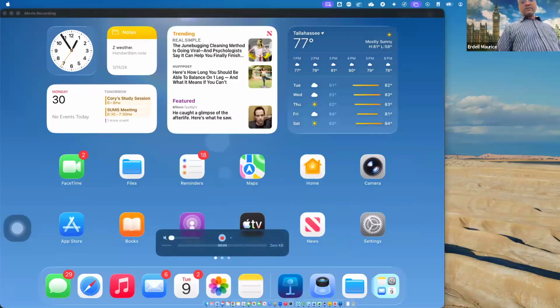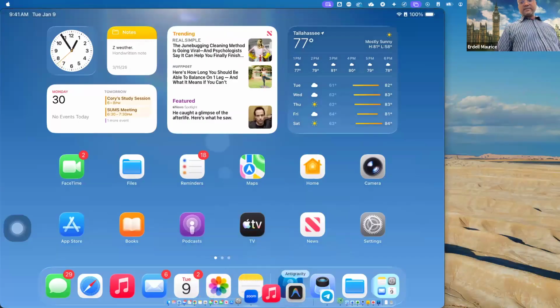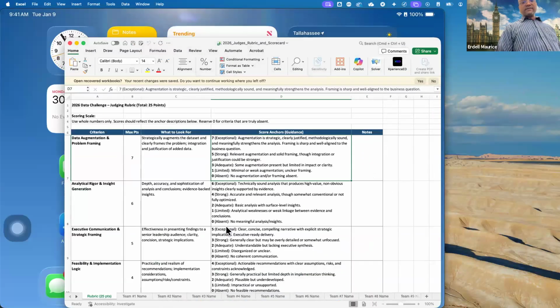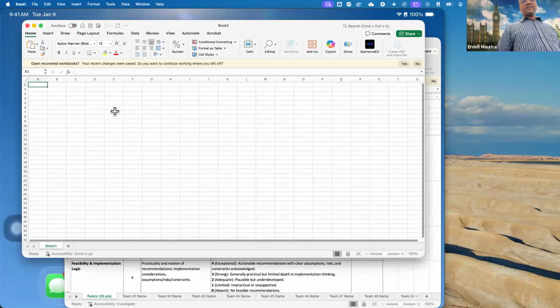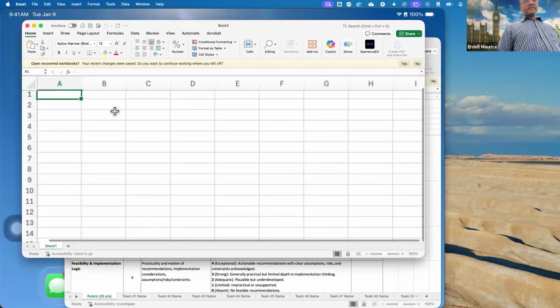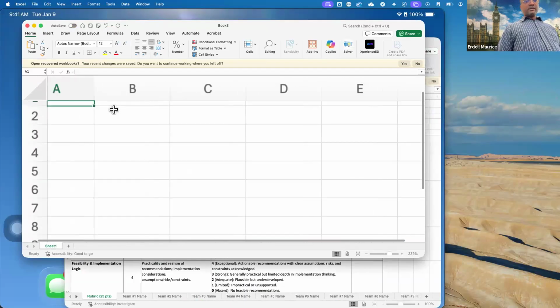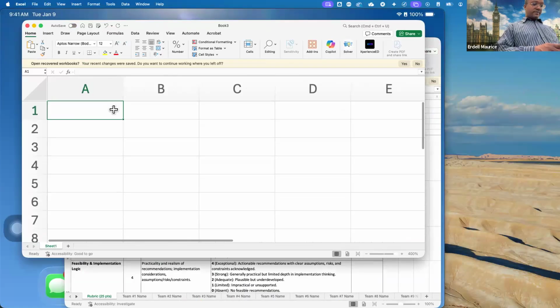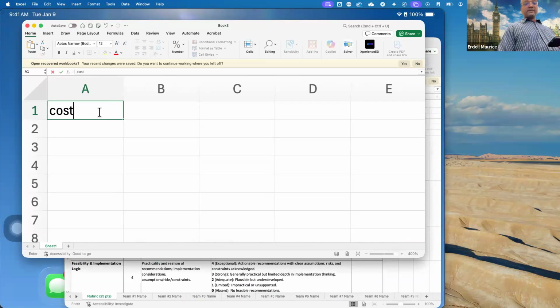All right, so I am going to go into Excel. I'm going to create a new window. Let me make this a little bit bigger. In the first row, you're going to put in the Samsung Galaxy smartphones cost. So COST.